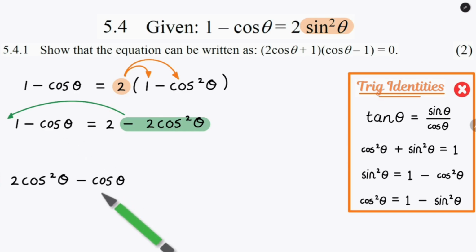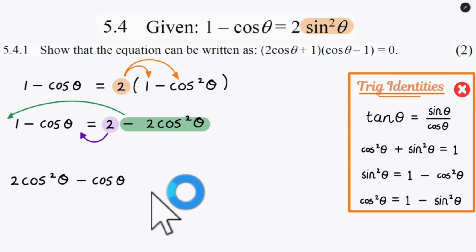And it did not move over the equal sign, so it stays negative. And then this 1 I'm going to move to the end. And this 2 over here, I'm going to take it over, and it becomes minus 2. And 1 minus 2 is negative 1. And now we have the standard form of our trinomial.